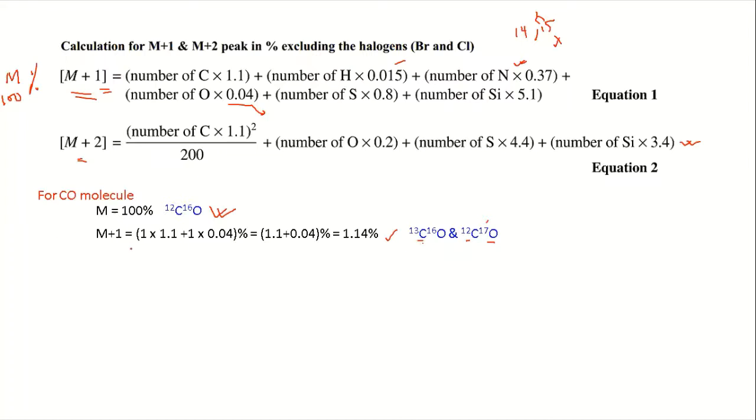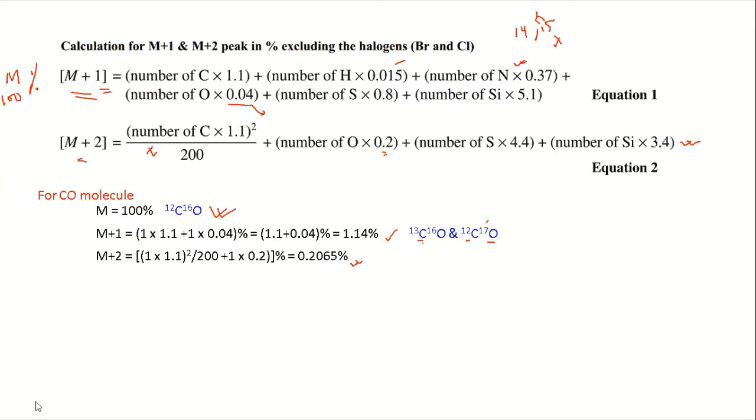Then you have M+2. For M+2, you have to do the calculation based on the oxygen, 18, which gives M+2. That abundance is 0.2. So we are doing the calculation like this, and finally the ratio of M, M+1, M+2 is 100%, 1%, and 0.2%.